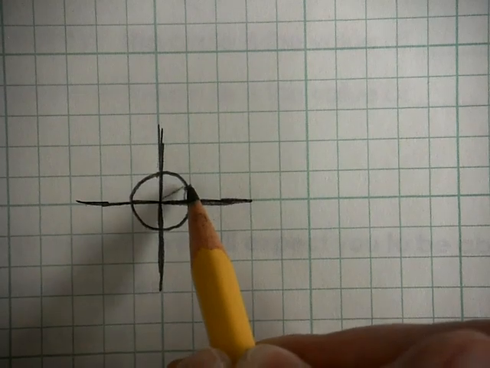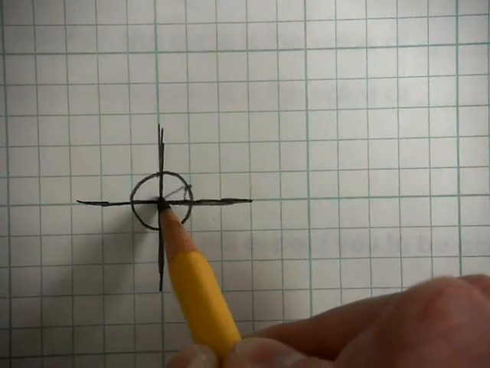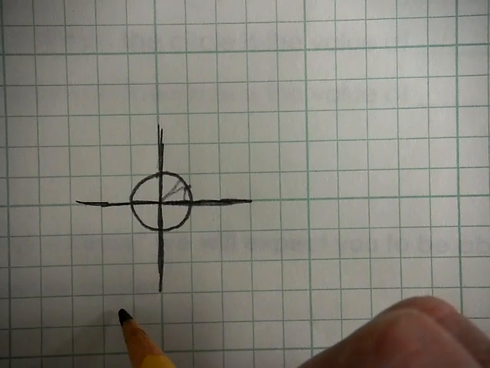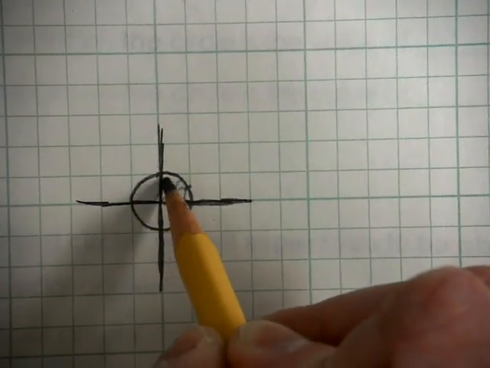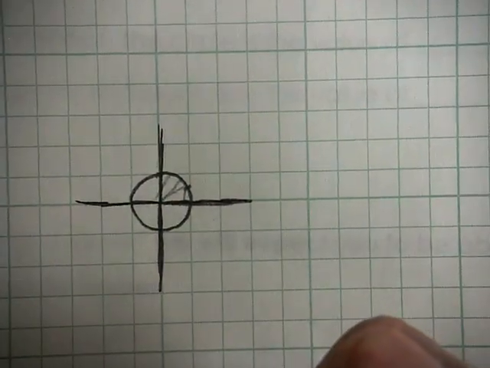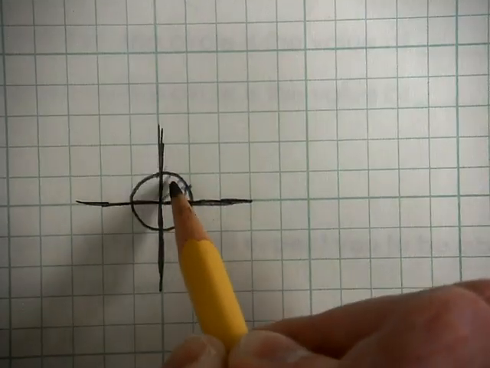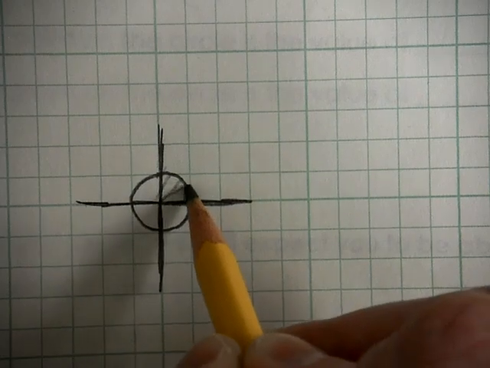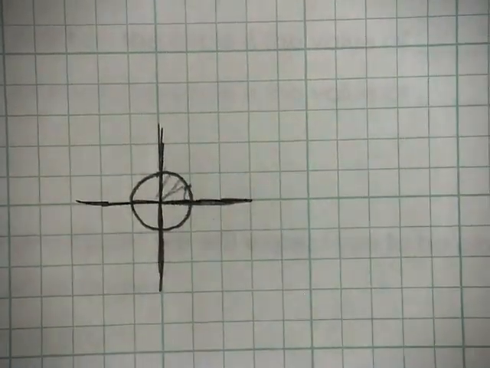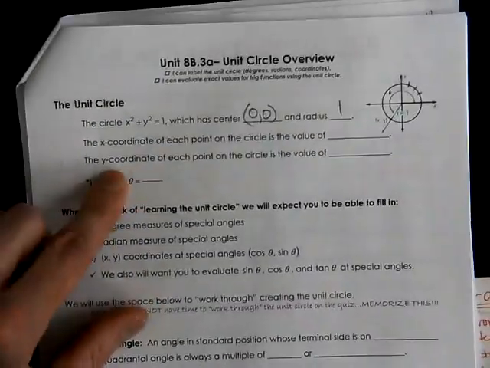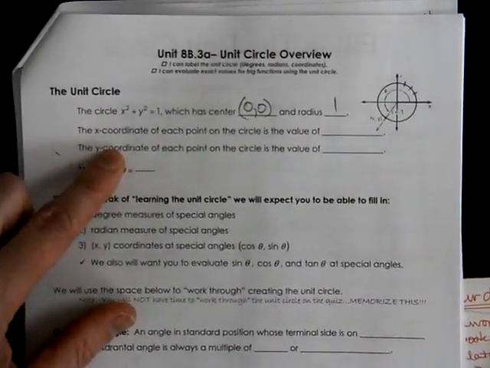We're going to need to know that coordinate, and this coordinate at 45, and this coordinate at 60. And of course at 90 and all the multiples all the way around. So those are the coordinates that we're looking at.